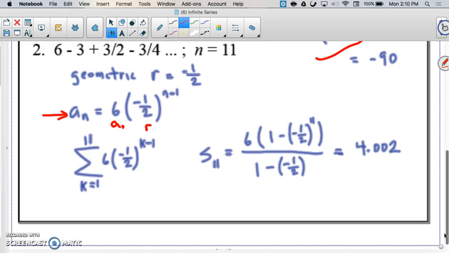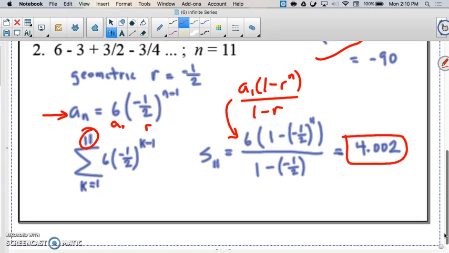And then remember last class that geometric series that we found was a_1 times 1 minus r to the n, all divided by 1 minus r. So that is what is occurring down here. So by plugging in that negative 1/2 for our r and 11, which was how far we wanted it to go, for n, we ended up with the 4.002.